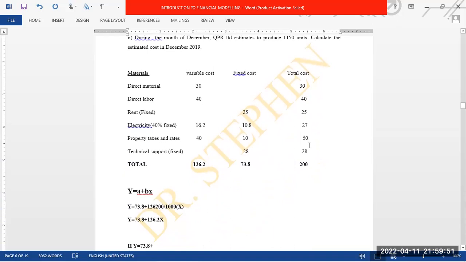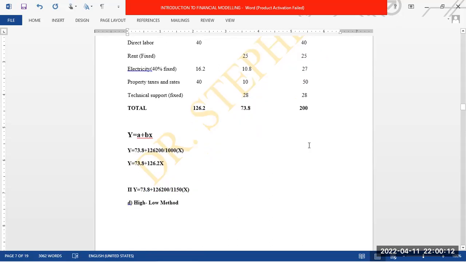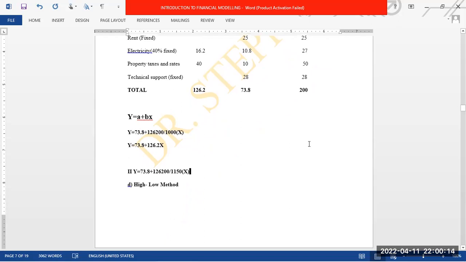So you're supposed to be taking 126,200 divided by 1150, then in bracket x. After getting that, you're supposed to simplify everything here. This is Roman 2 question.